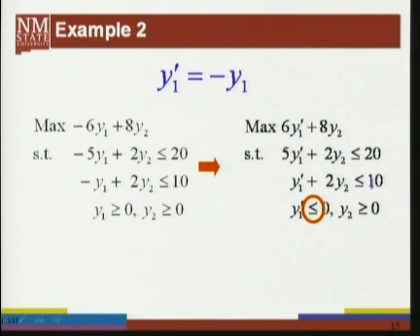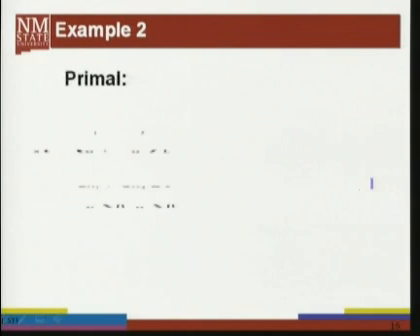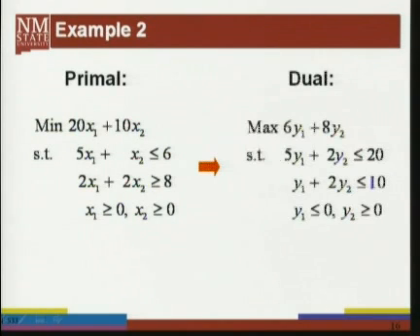Now, if I substitute negative y1 for y1 prime, then the dual problem looks like this. So we can notice that the reversed direction of the constraint in the primal problem corresponds to the reversed direction of the variable in the dual problem, right?